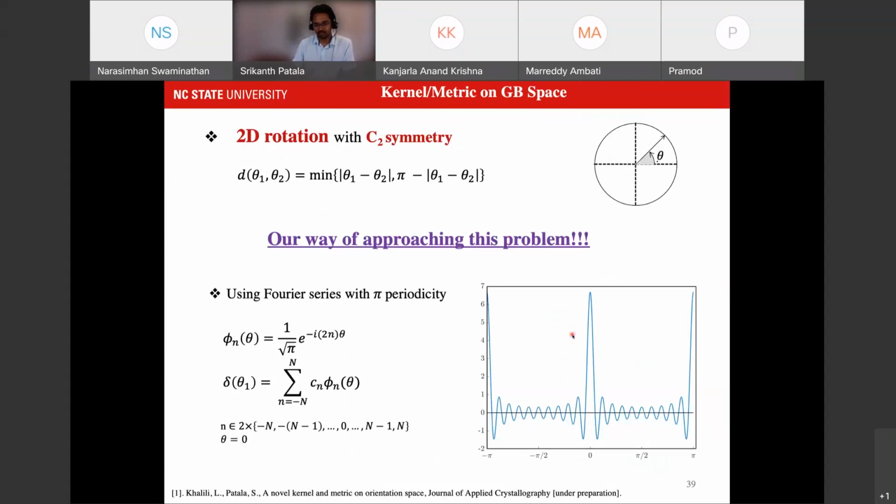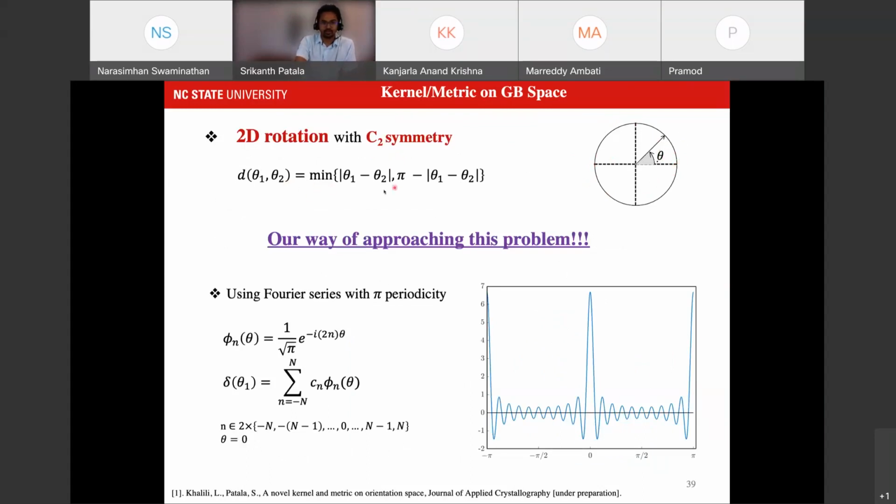And to quickly introduce that problem, I'm going to again use a 2D example. Right? So let's suppose I have a parameter theta with a twofold symmetry, which means that instead of 0 to 2 pi being the domain, 0 to pi is the domain of interest, and pi to 2 pi is symmetrically equivalent to 0 to pi. Okay?